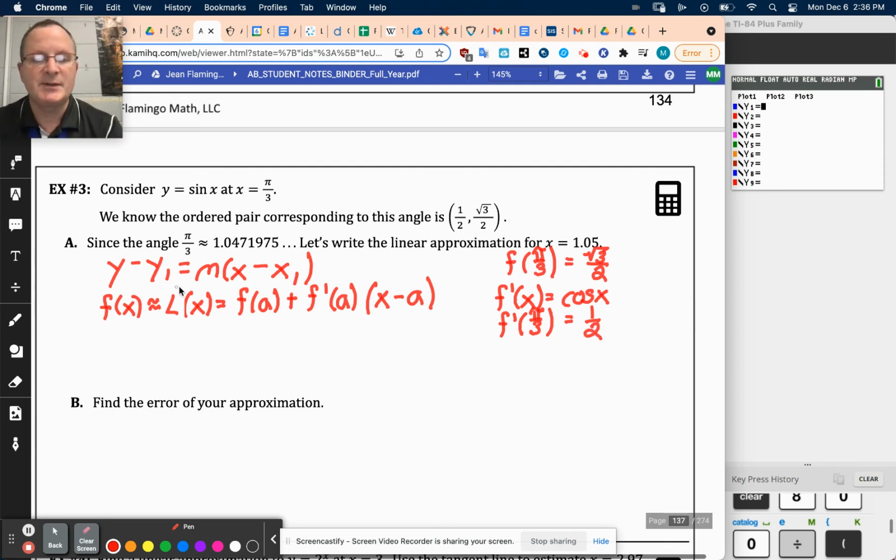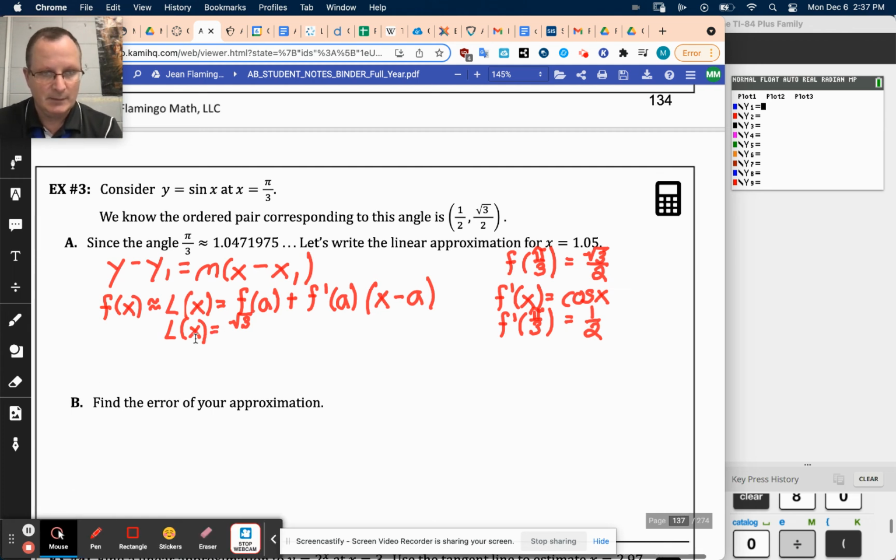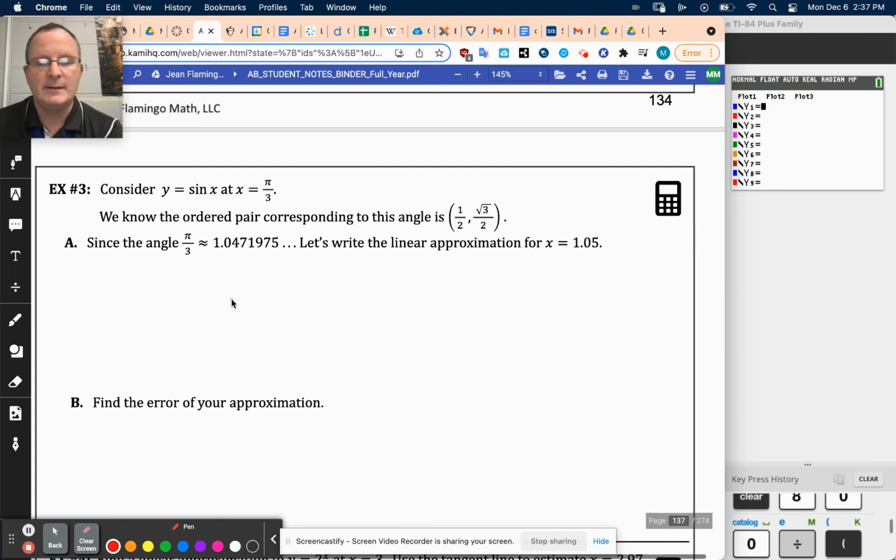So then we're just going to substitute in. Our linear approximation equation, L of x, is going to equal the square root of 3 over 2 at that particular moment. Can I erase just a little bit? No, that was right, it was fine, because it's still the line we're talking about.